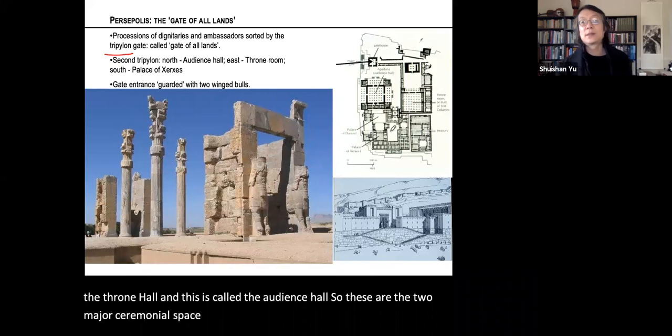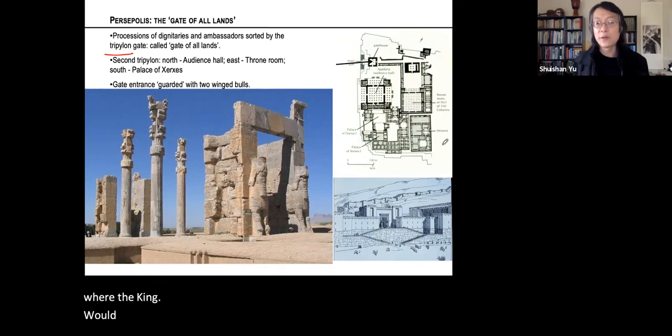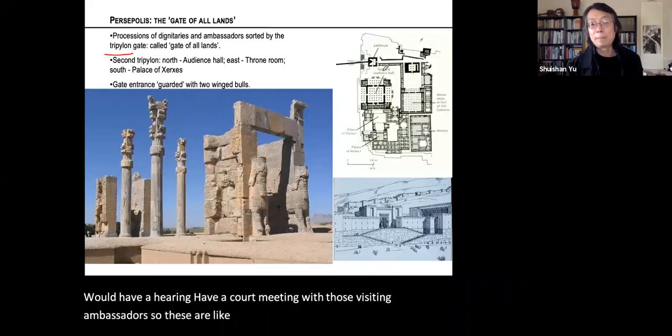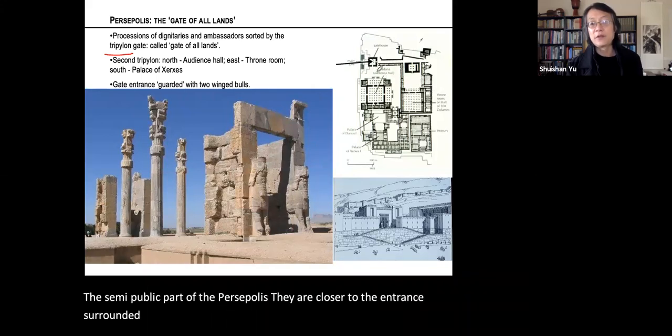During festivals, the Persian king would organize large gatherings here, and these are also the spaces where the king would have a hearing, a court meeting with visiting ambassadors. So these are like the semi-public part of Persepolis. They are closer to the entrance, surrounded by large space, and feature ceremonial facades.